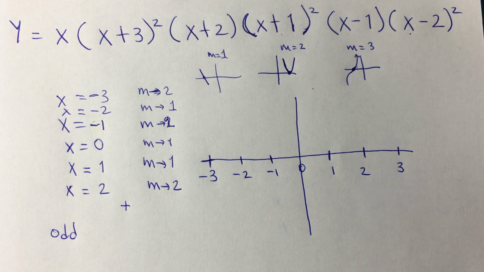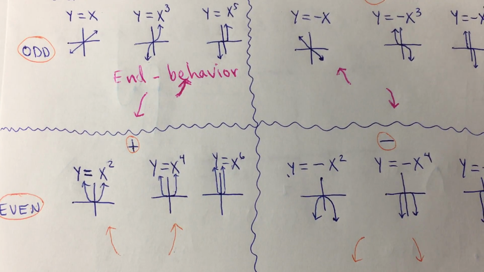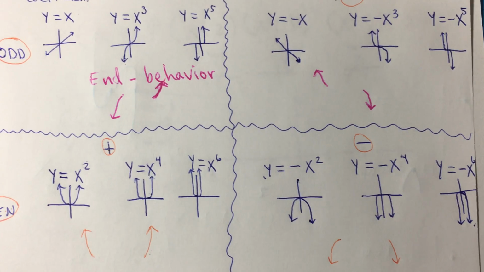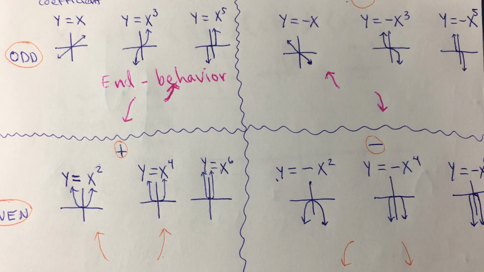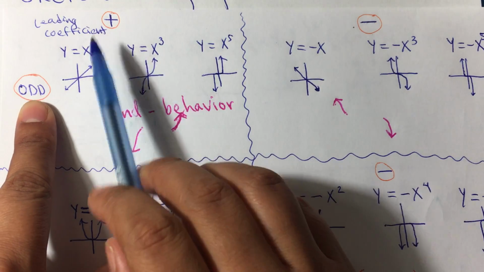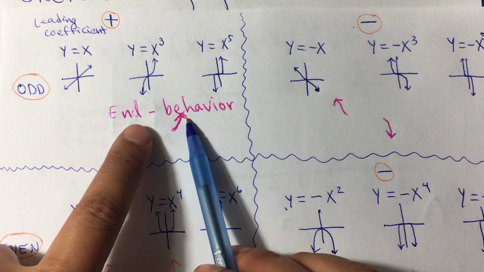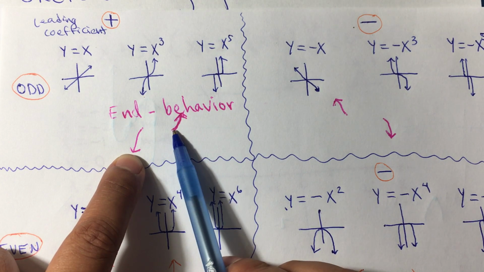Now if you remember from the previous lessons, we came up with this table after analyzing the different graphs, and so we have here odd with positive leading coefficient. That means that the end behavior is going to go down on the left, up on the right.